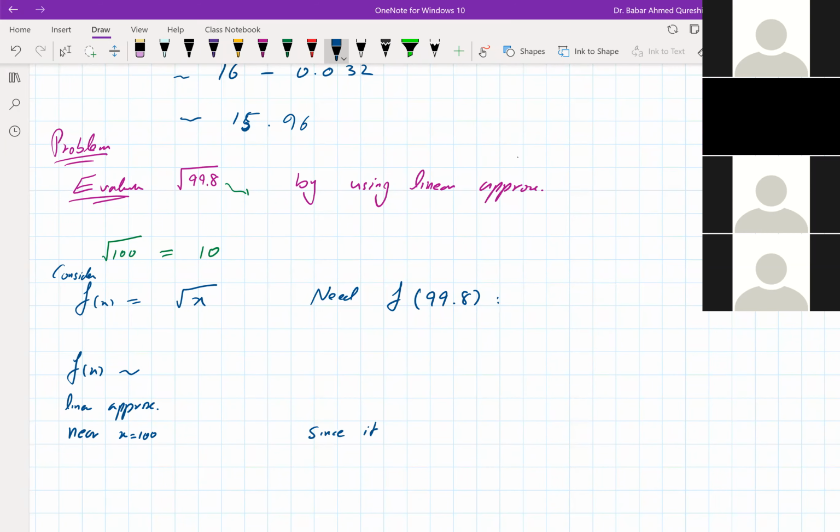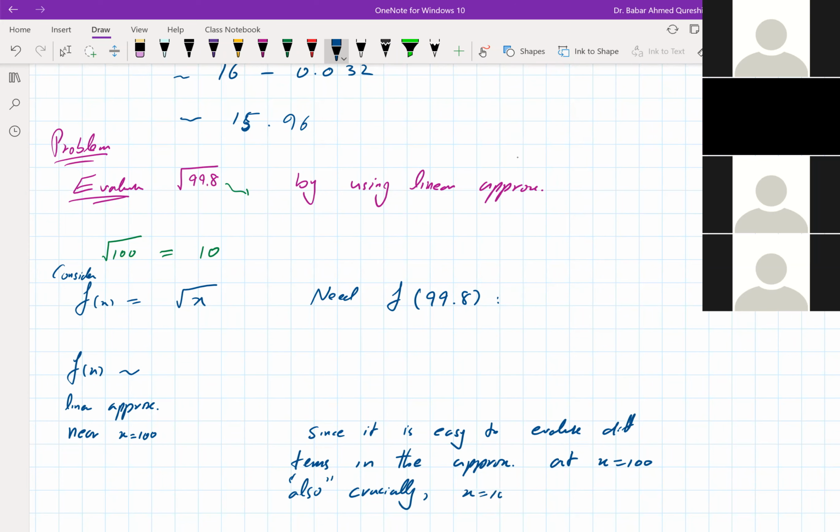Since it is easy to evaluate different terms in the approximation at x is equal to 100. Also, and this is crucial, this point is near 99.8, where we need to evaluate the function.